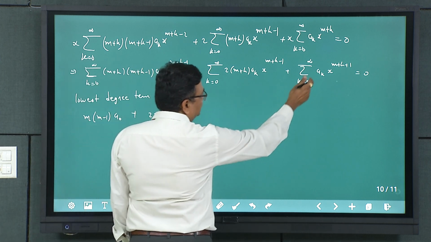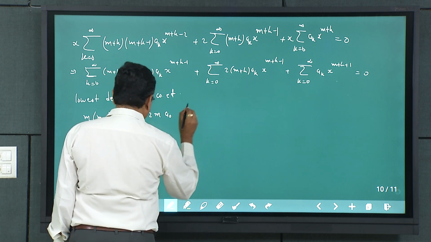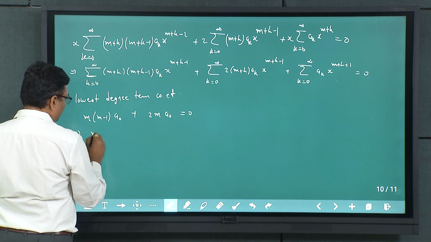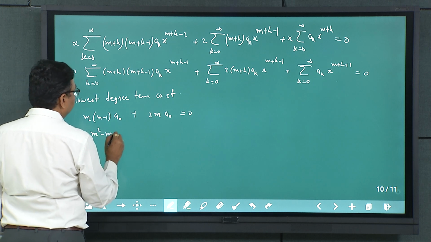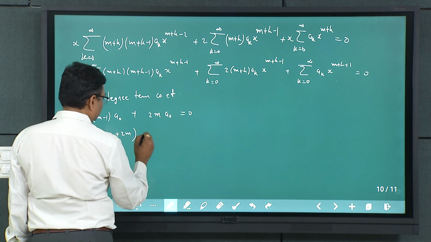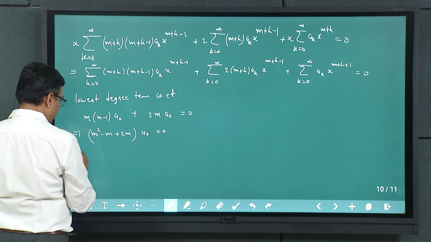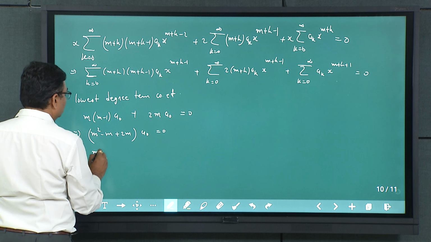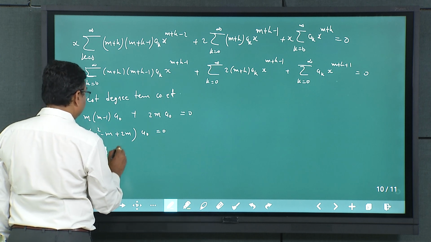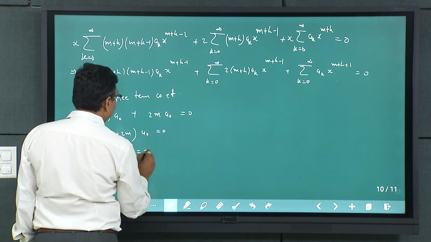The third term starts from m plus 1, so it is not there. So, take this equal to 0. From this one, m square minus m plus 2m, this into a0 equal to 0. So, this implies m square plus m into a0 is equal to 0.